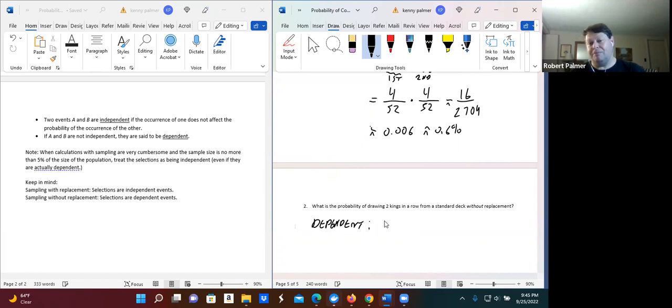Because the first draw does affect the second draw.